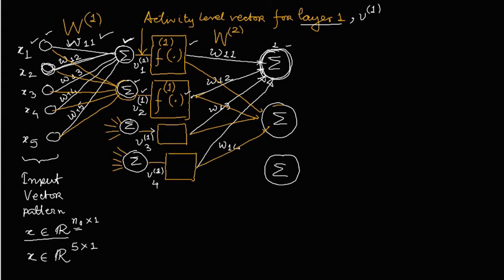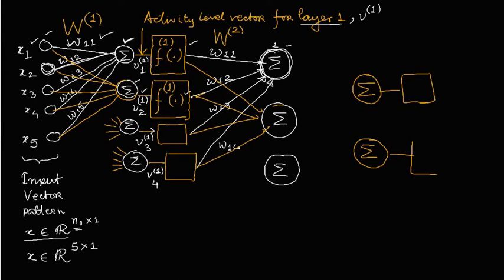And now we'll be having a third layer, which we may call the output layer, where we have this activation function. We are taking a specific example where we have only two activation functions, two summing nodes, followed by activation function.